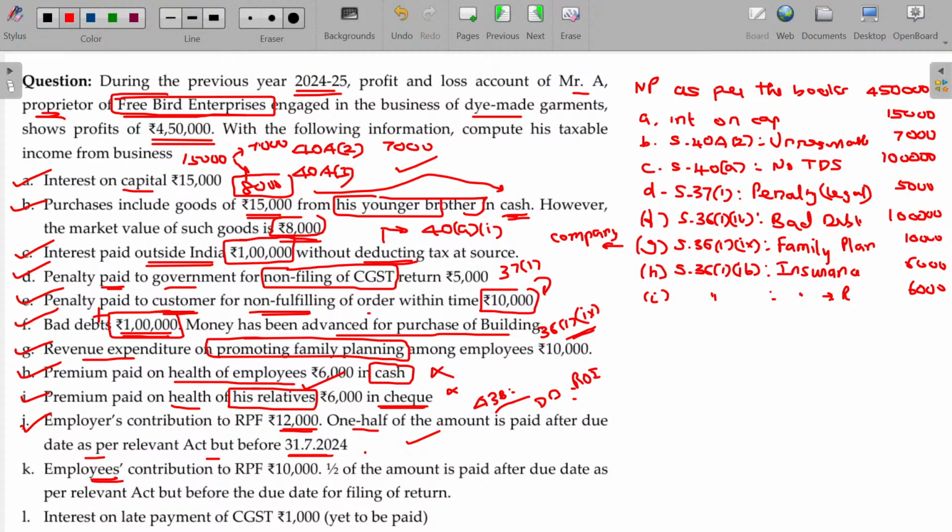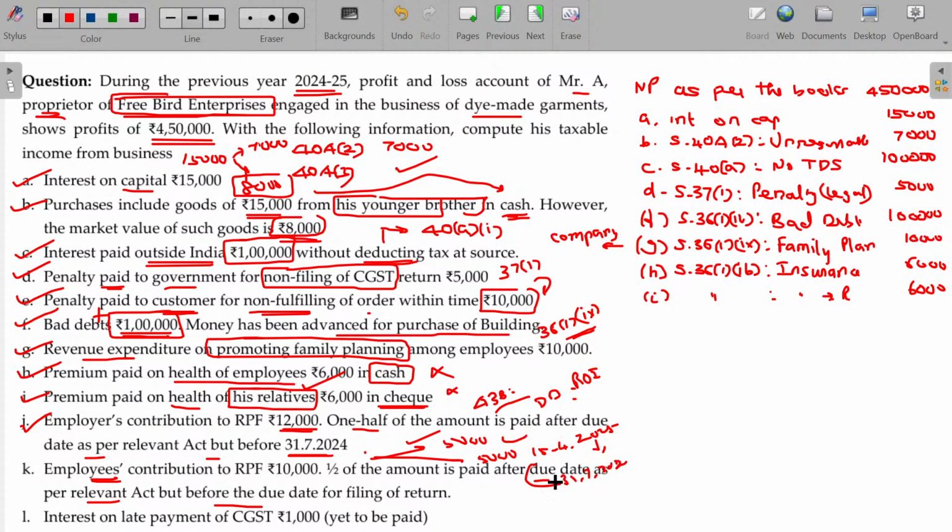But in case of employees' contribution, half of the amount is paid after the due date as per the relevant act, the PF Act. As per the PF Act, it should be paid by the 15th of the next month. But here, 50% is paid after the due date as per the relevant act, but before the due date of filing. Means 5,000 paid within the due date, another 5,000 after the due date of the PF Act but before the due date of filing of return of income, between 15th April 2025 and 31st July 2025.